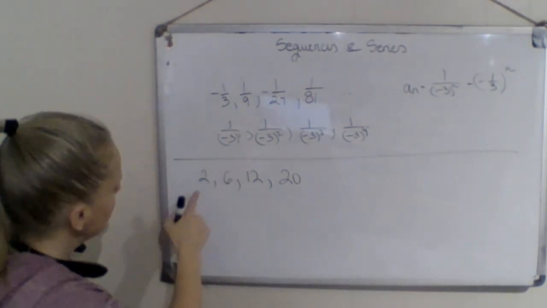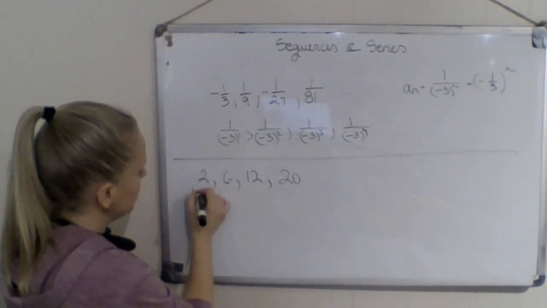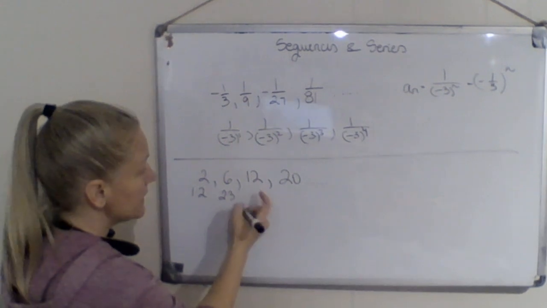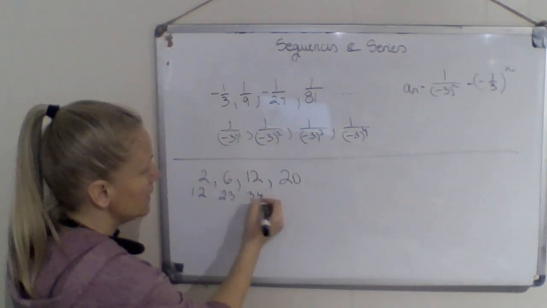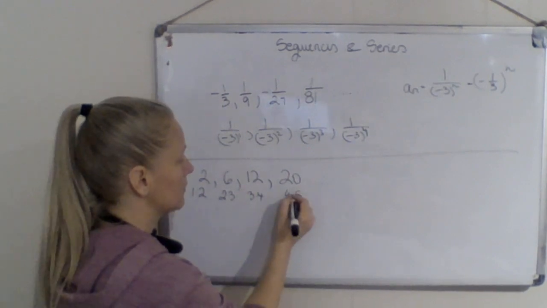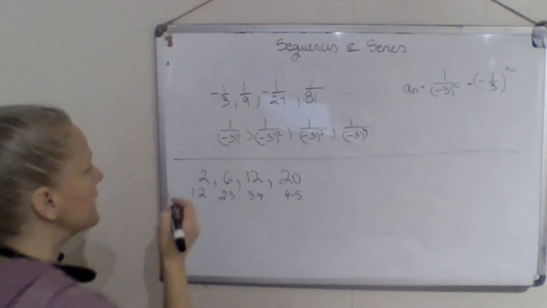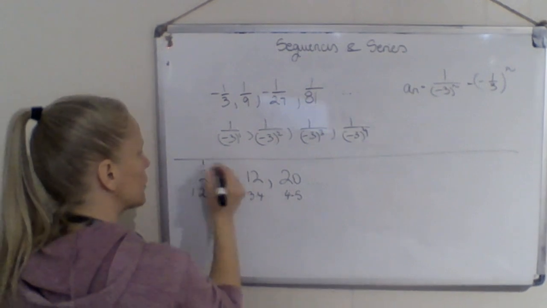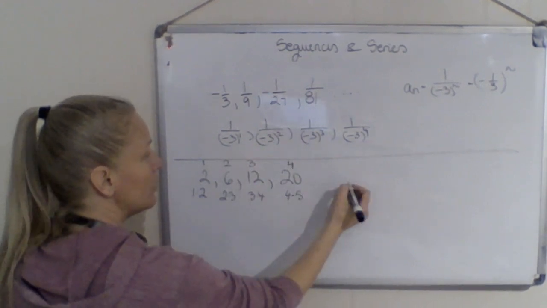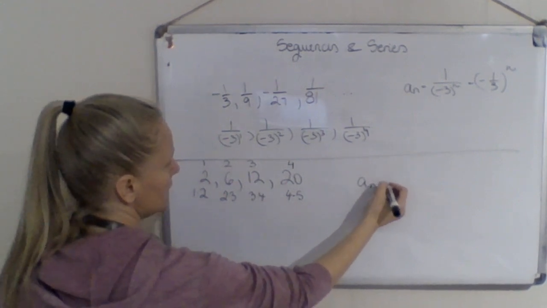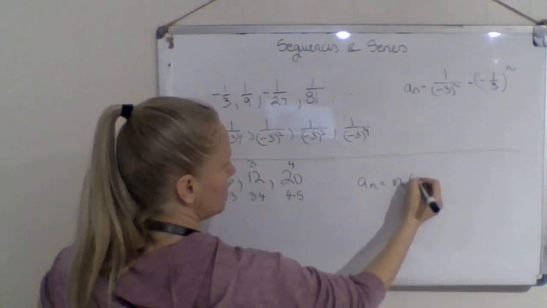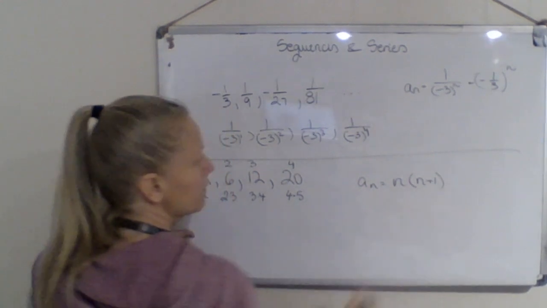So I'm looking at this and I'm thinking, okay, I can't add the same number. Can I multiply? This can be written as 1 times 2. This can be written as 2 times 3. This is 3 times 4. This is 4 times 5. Right? So I'm looking at this and I'm going, as a thought process, this is my first term, this is my second term, this is my third term, this is my fourth term, which means this is my first term, n, times the one that follows after it, n plus 1, every single time.